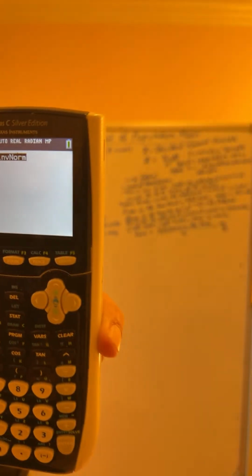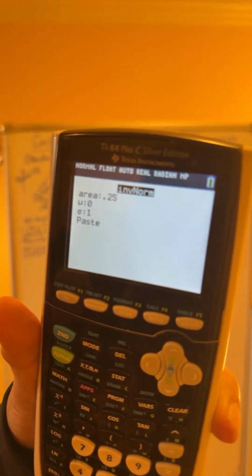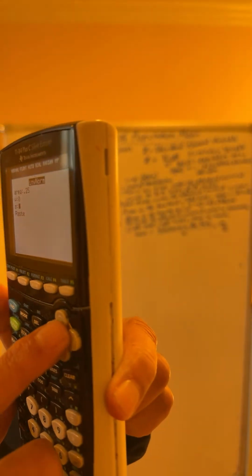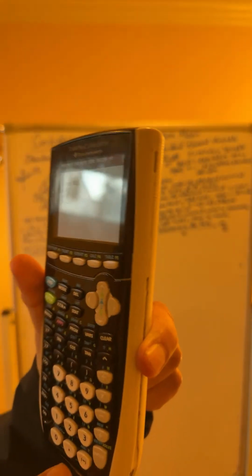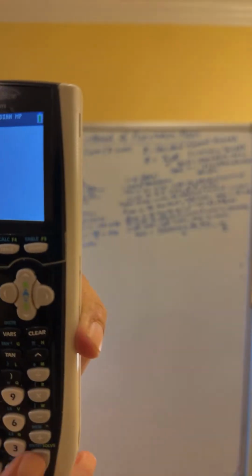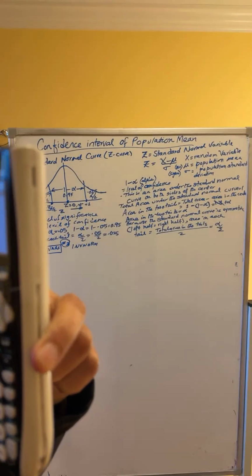The calculator is already set up for the standard normal curve with mean 0 and standard deviation 1. We do not change that. We just put the area in the left tail as 0.025. Okay. And then we go down to Paste and hit enter twice.